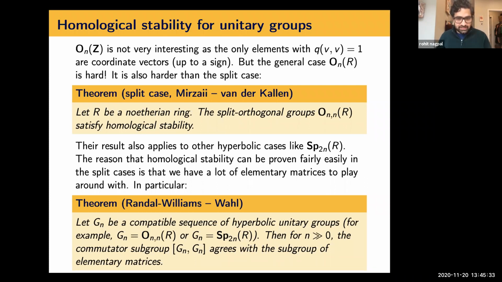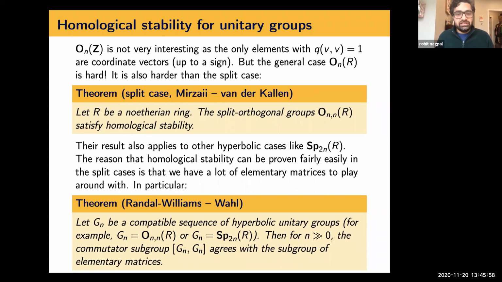Here it's saying that if Gn is a compatible sequence of hyperbolic unitary groups, for example, the split orthogonal group or these symplectic groups, then eventually the commutator agrees with the group of elementary matrices. So it's basically saying that we have a lot of elementary matrices, right?